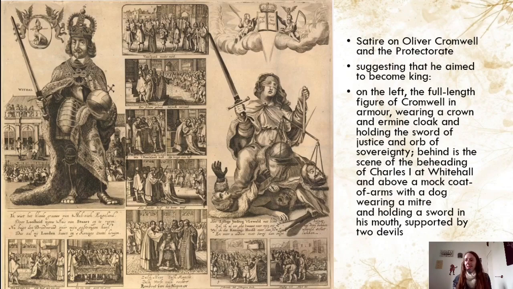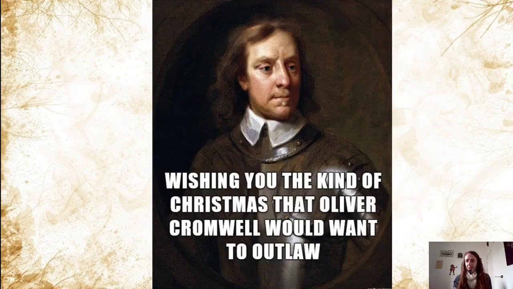Behind, you see the scene of the beheading of Charles I, and above that, a mock coat of arms with a dog wearing a mitre, that's the Pope's hat, and holding a sword, supported by two devils.